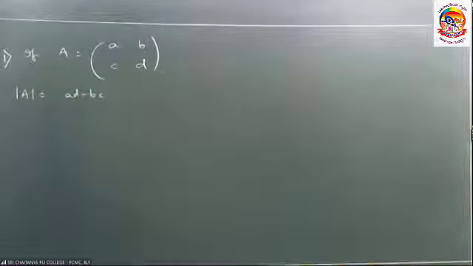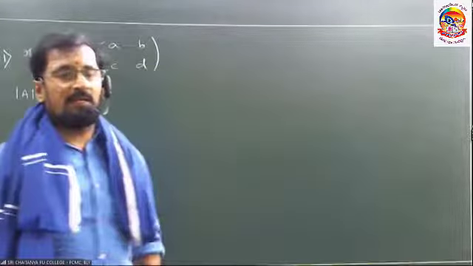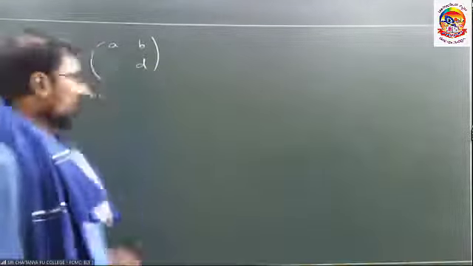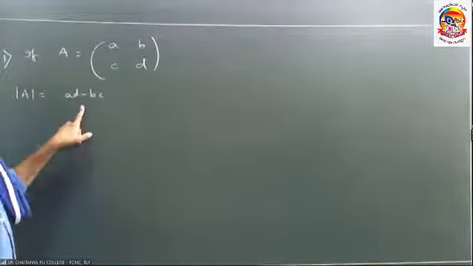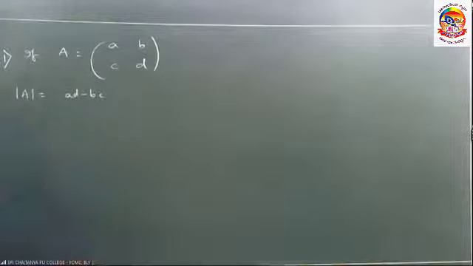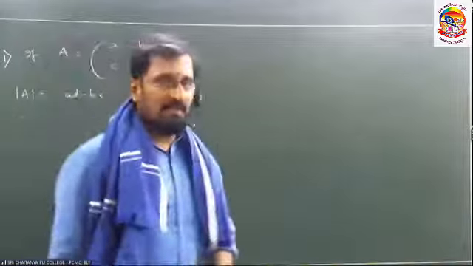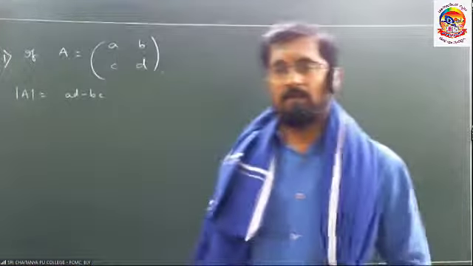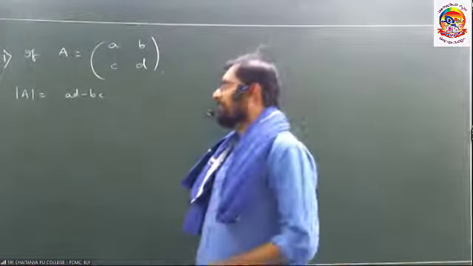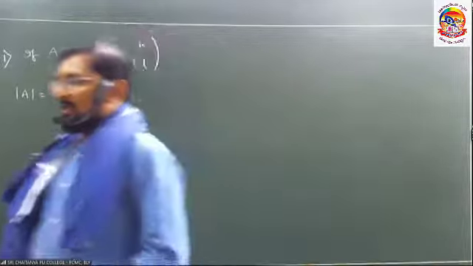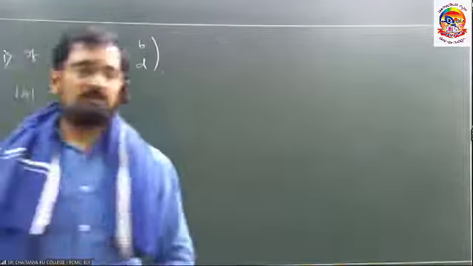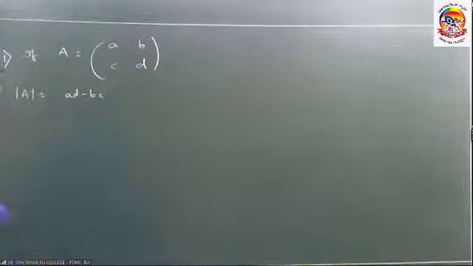That |A| equal to ad minus bc is called the determinant of capital A, and it is a numerical value. So, if capital A is the matrix [a, b; c, d], then |A| is equal to ad minus bc. This is the way of finding the determinant of a 2 by 2 matrix.